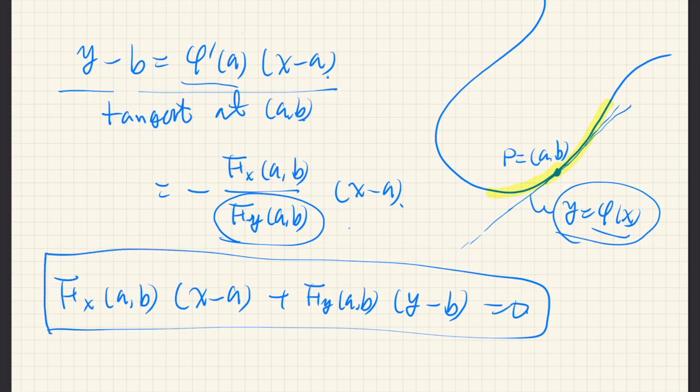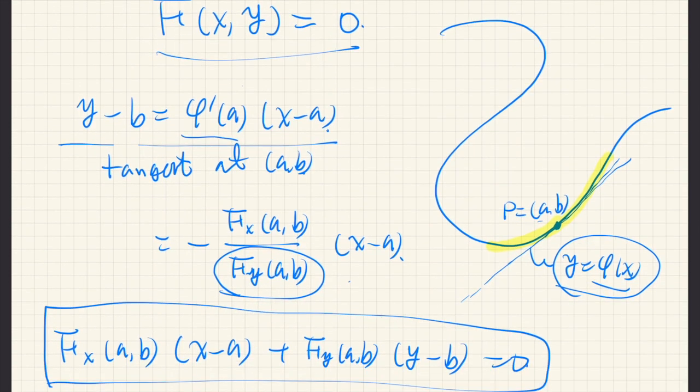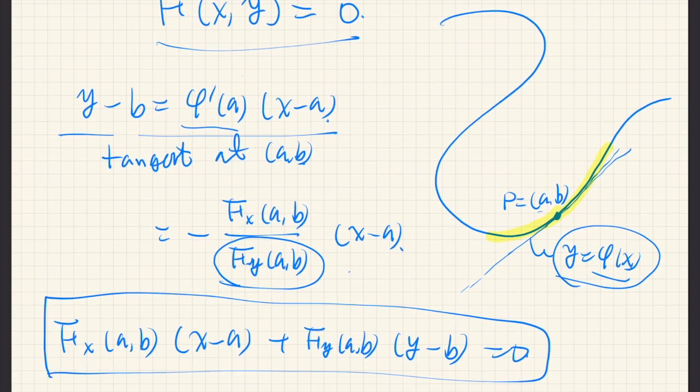So this is the general equation formula for the tangent line of a general curve given by this at point (a, b). This is obtained assuming that we have an implicit function y of x, phi of x.